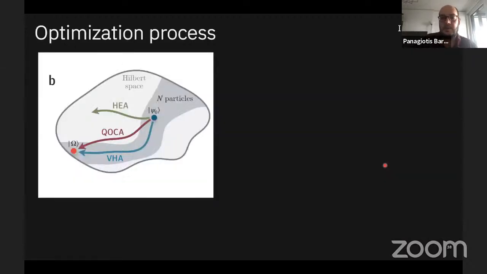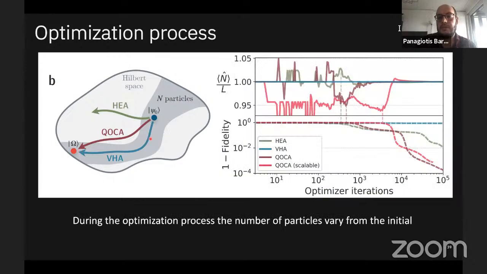Another aspect that we noticed in the quantum optimal control ansatz is something that I mentioned before. For this case, we need to go out of the right number-of-particles space in order to converge to the ground state solution. If one monitors the number of particles throughout the whole VQE process, normalized to the right number of particles, you will notice that QOCA does not really converge towards the right ground state until the moment that you are the farthest from the right number of particles.